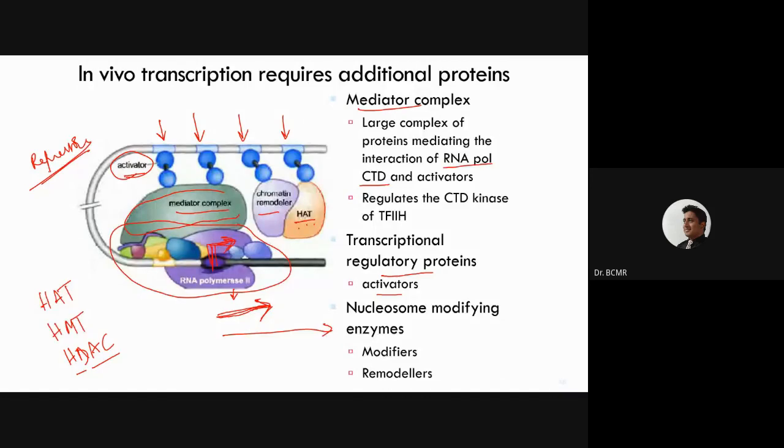The majority of gene regulation happens at the level of transcription. So one must be very clear about what can influence transcription, and especially in eukaryotes, the regulation of transcription is much more complex because there are so many things involved that can influence the promoter or the protein recruitment at the promoter.